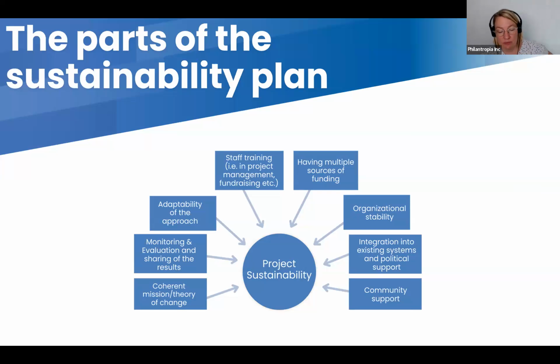And one of the most crucial things, and for me one of the most important things, is community support. If the communities you work with really want that project, really support you, really are on your side, then that is going to contribute to your project sustainability.